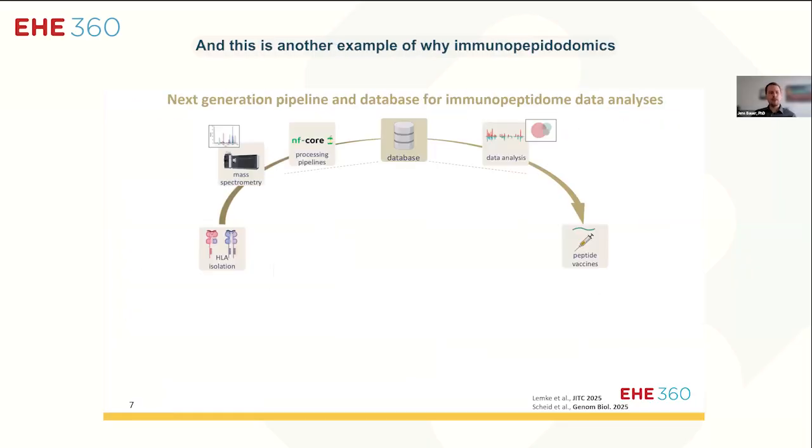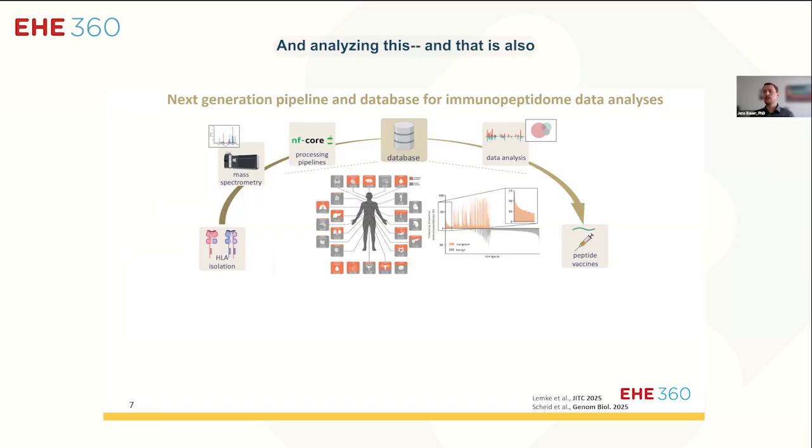And this is another perfect example of why immunopeptidomics is a wonderful technique to study antigens and tumors, because we don't have to rely only on the neoantigens that we can identify with this technology. We can identify everything which is naturally presented by the tumor, and that is also what we did over the last decade.